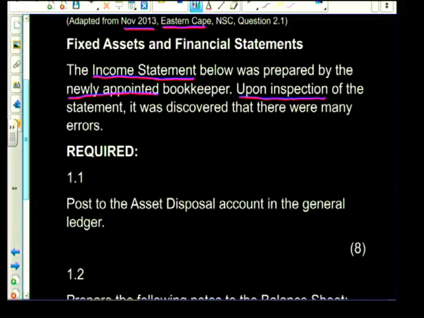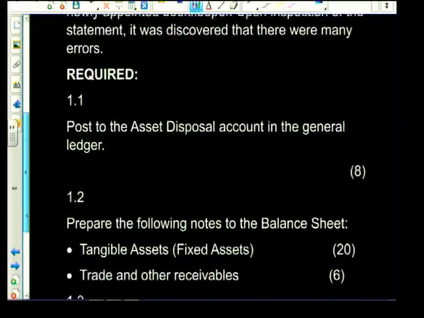So they've told you that you've inspected the statement. Upon inspection of the statement, it was discovered that there were many errors. So what they're asking you to do is prepare the correct income statement, and you're going to need to fix the errors that this inexperienced bookkeeper has made.